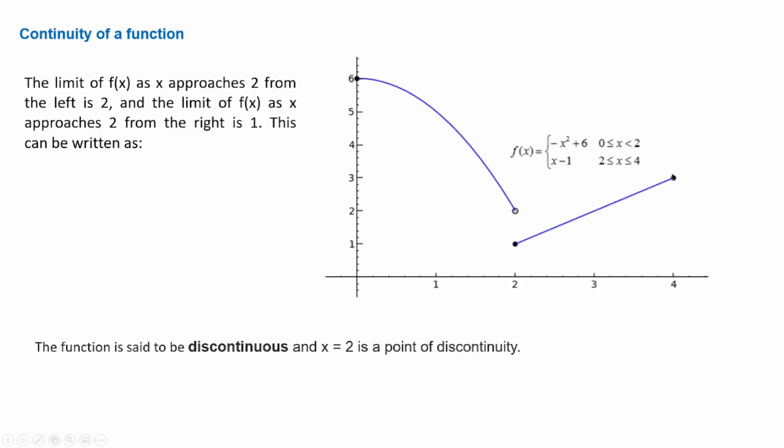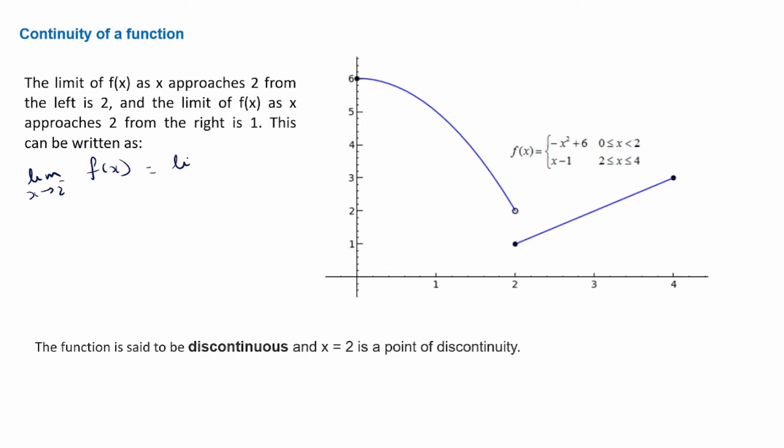Now let us consider another function: f of x is equal to minus x square plus 6 for 0 less than or equal to x less than 2, and equal to x minus 1 when 2 less than or equal to x less than or equal to 4. Now the limit of this f of x as x approaches 2 from left, we write as limit x tends to 2 minus f of x.